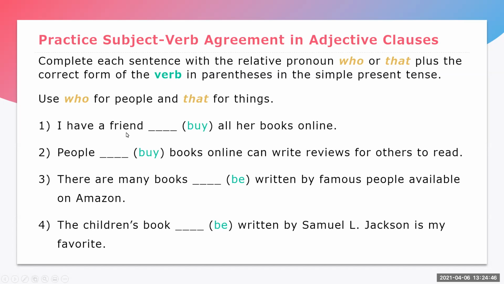That is the noun that the relative pronoun refers to. So here you have to look at the verb buy and decide if it should be buy or buys. So we're putting these verbs in the simple present tense. Please type your answers in the box on the left. And as always, check your spelling.